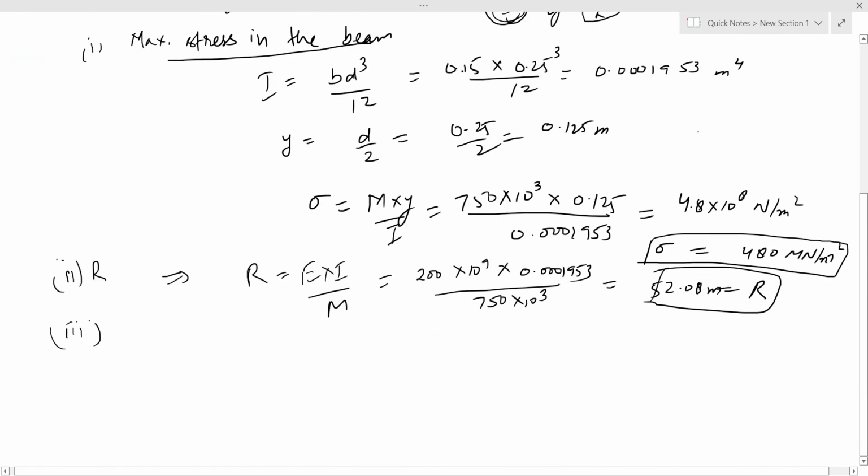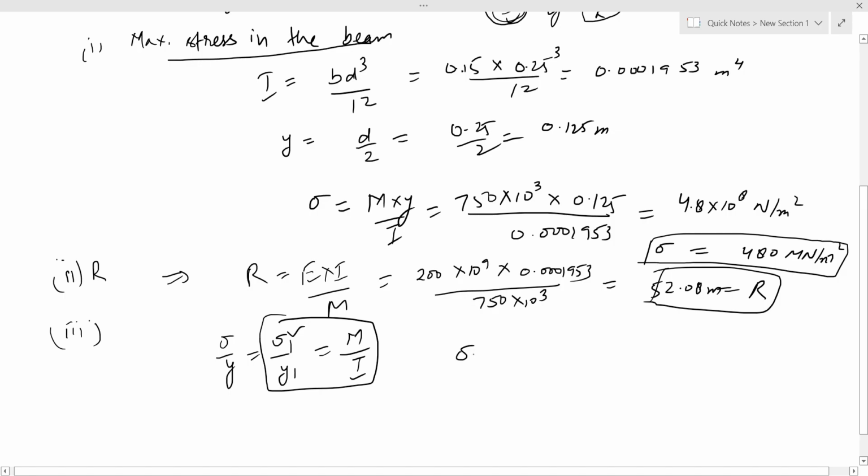Since the ratio of sigma and y is constant, that is sigma upon y equals sigma 1 upon y1, and this is equal to M upon I, we will use this relation and find the value of sigma 1.